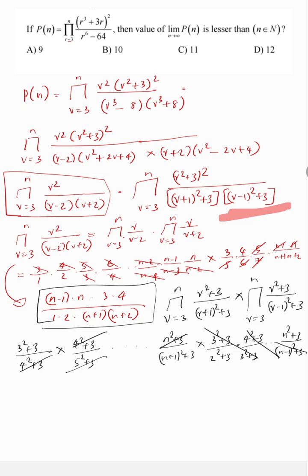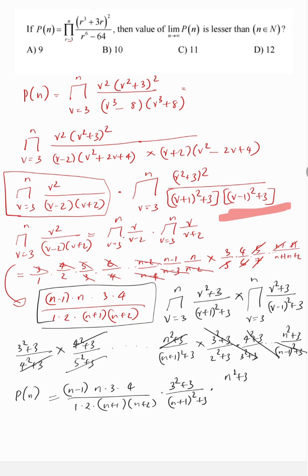So what is left in the last product will be our final. The entire product P of n will be, here we already got n minus 1, n, 3, 4 by 1, 2, n plus 1 into n plus 2, into, from the next pi I will get 3 square plus 3 divided by n plus 1 whole square plus 3, into the next pi I got n square plus 3 divided by 2 square plus 3.